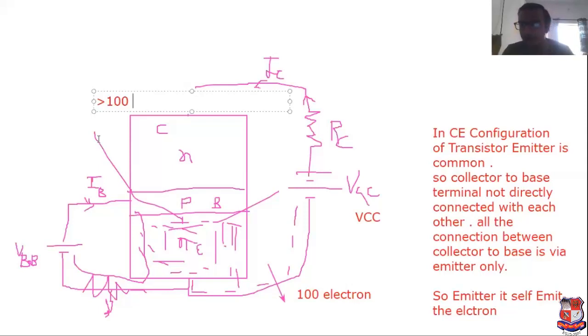So a large number of electrons are transferred into the base, and some of the electrons, about 2%, combine with holes, and the remaining electrons travel towards the collector. So the collector current is much larger compared to the base current and emitter current. That's why collector current is always large in common emitter configuration.